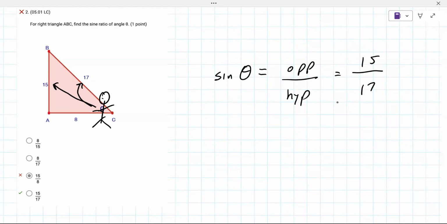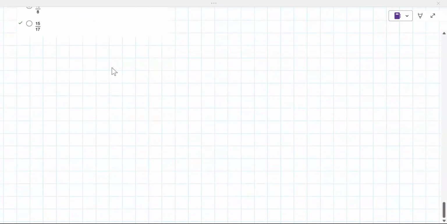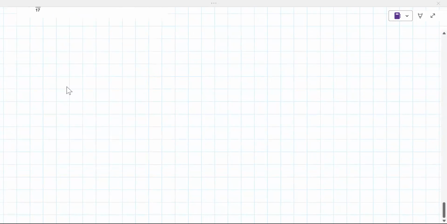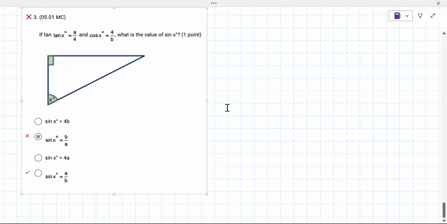This is one that kind of confused you a bit, so let me put one other one in the chat. This one's a bit confusing though. If tangent x equals a over 4 and cosine x equals 4 over b, what is the value of sine x?